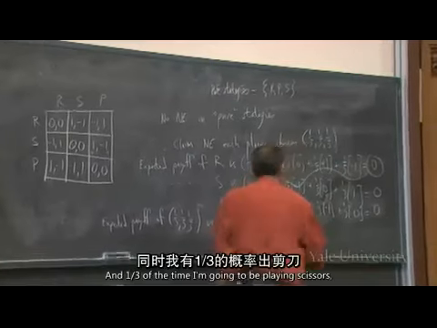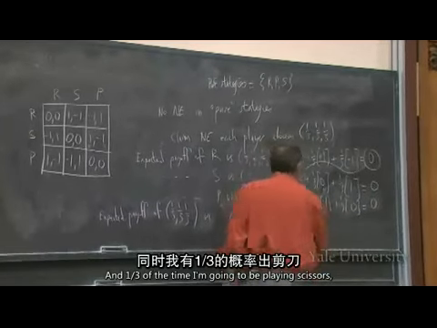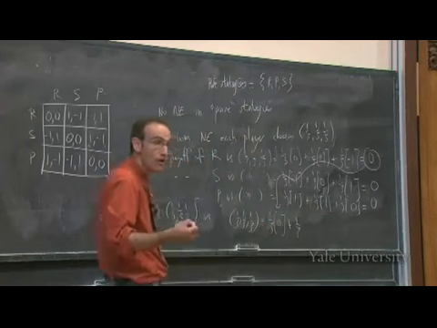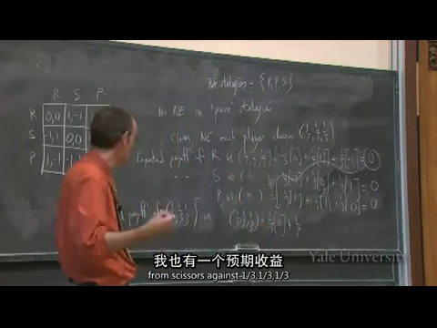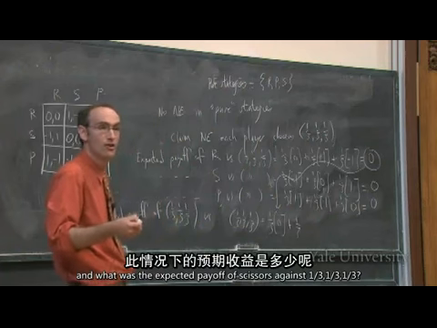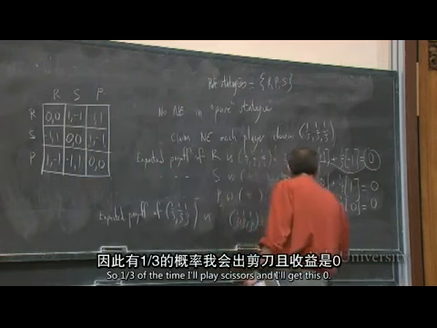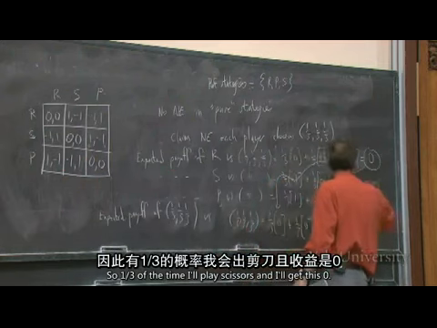All right? And a third of the time, I'm going to be playing scissors. And then I'm going to get the expected payoff from scissors against a third, a third, a third. And what was the expected payoff of scissors against a third, a third, a third? 0 again. So a third of the time, I'll play scissors, and I'll get this 0.